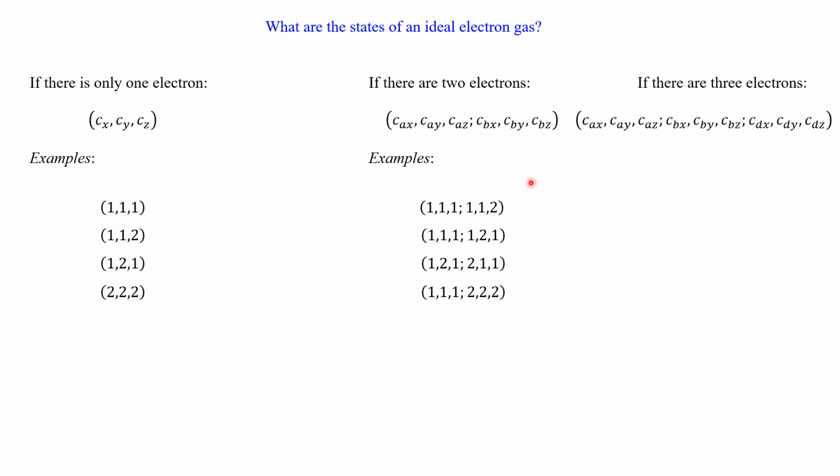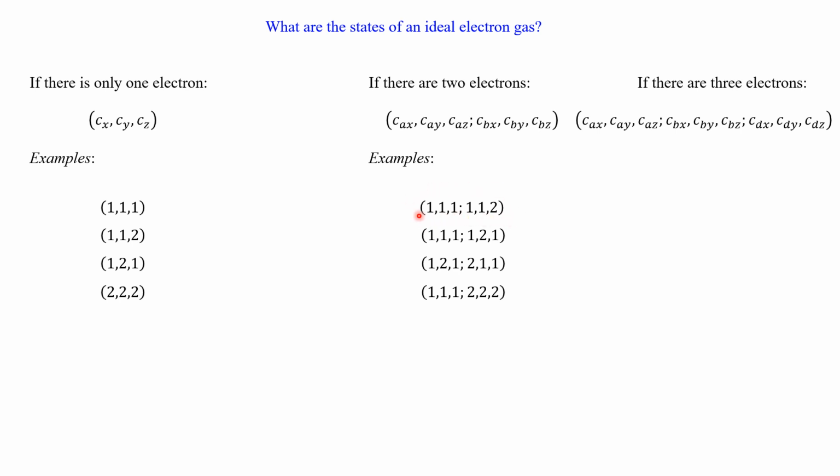So notice that the language we've been using is already leading to confusion, because we are using the term state to denote 2 different things. We are using it to denote the state of 1 electron, and we are using it to denote the state of the system.